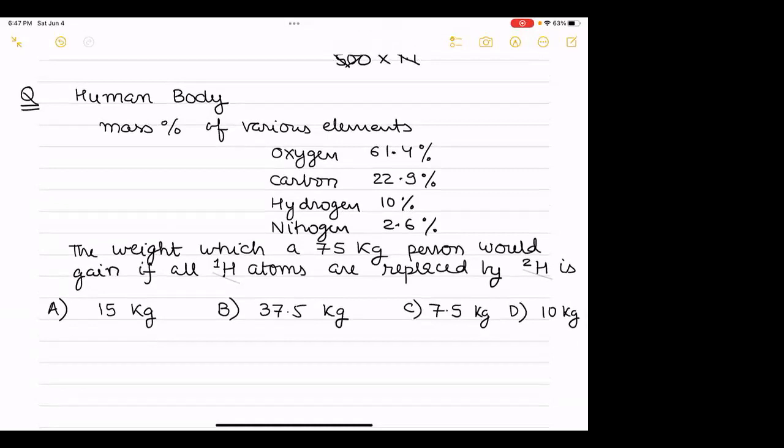Suppose I'm 75 kgs and all the hydrogen atoms in my body, in the water, in the glucose, all the molecules which contain hydrogen atoms, you take that hydrogen out and put deuterium in place of hydrogen. So how much will the mass of my body increase? Is the question clear? Yes, sir. Okay.